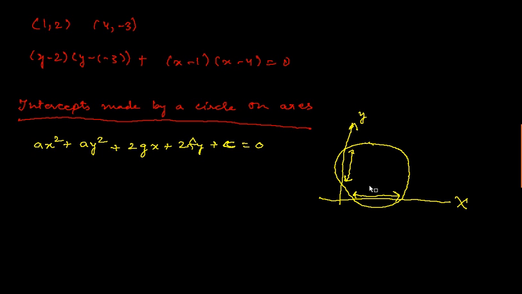We'll start with this intercept on x-axis. Let us see where this circle intersects x-axis. For that we have to take the intersection of this circle with the line.